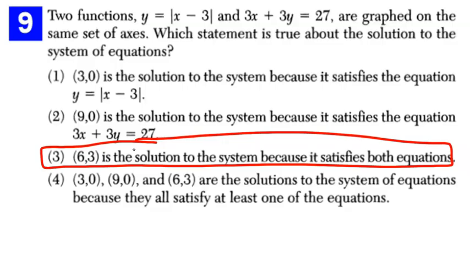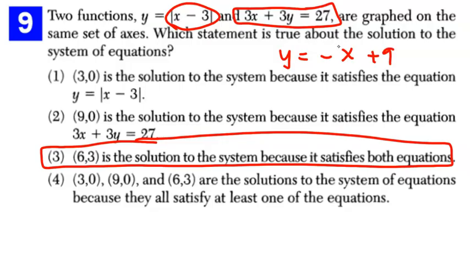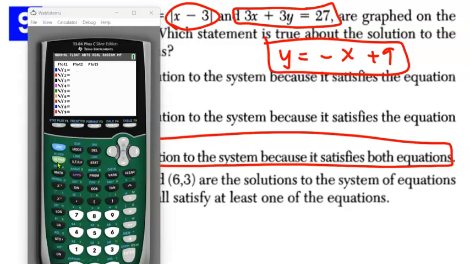However, if I wanted to, I could graph this in my y equals button. I could isolate y in this problem, and I could graph that in my y2 button, and I could take a look to see if 6, 3 is indeed a point of solution. So let's take a look. The first function is absolute value of x minus 3.